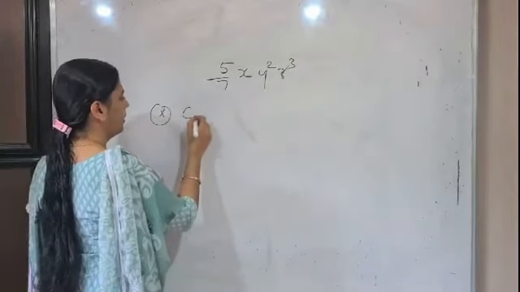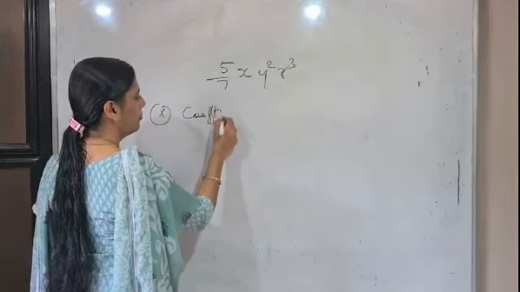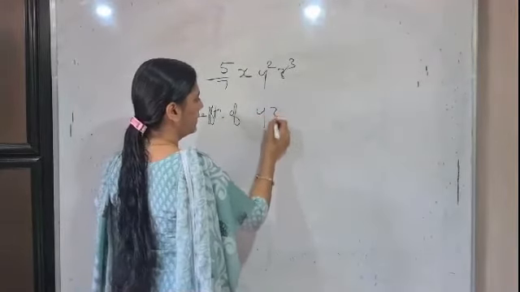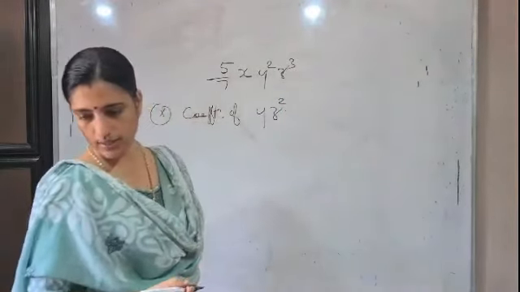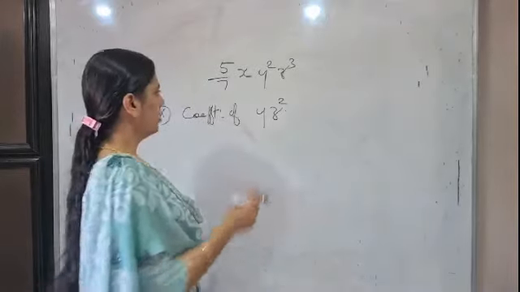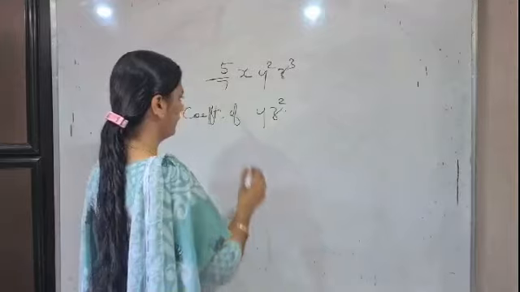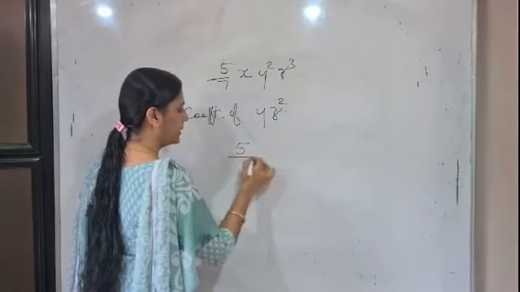Coefficient of yz square, you remove yz square from this. So what remains? 5 by 7.